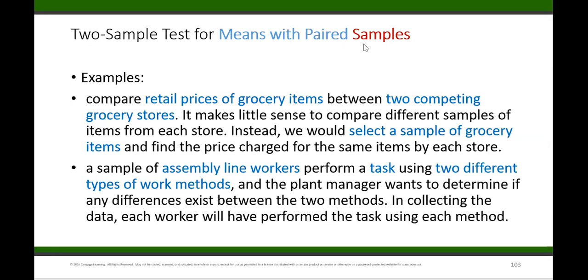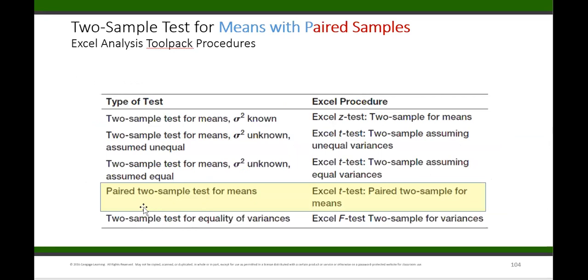So whenever we have paired samples, we need to use a different type of test. It's called in Excel t-test paired two sample for means, right? The difference here: before, we used t-test two sample assuming unequal variances.